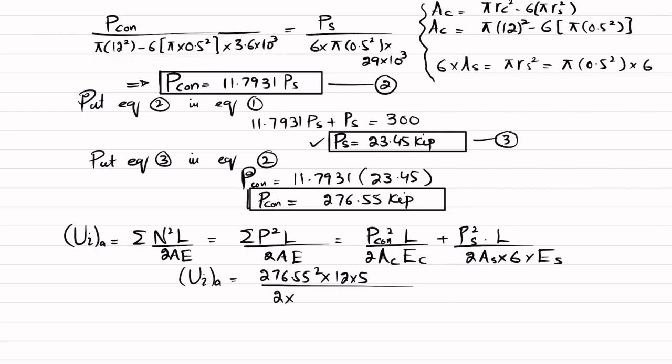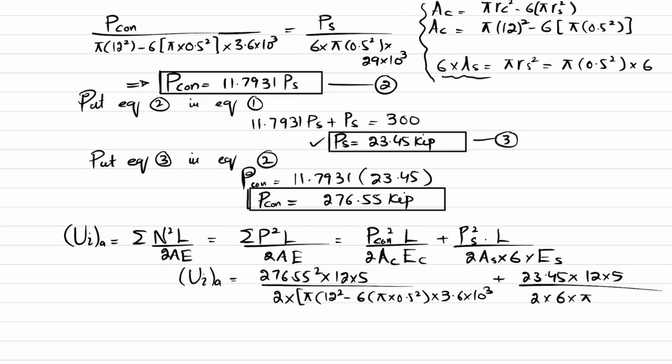So I will write pi into 12 square minus 6 multiplied by pi into 0.5 square, into E of concrete, which is 3.6 into 10 to the power 3, plus P of steel, which was 23.45, square into length, 5 into 12 will give you inches, divided by 2 and area of steel, 6 steel rods, so 6 multiplied by pi into 0.5 square, multiplied by E of steel, which was 29 into 10 to the power 3 ksi.